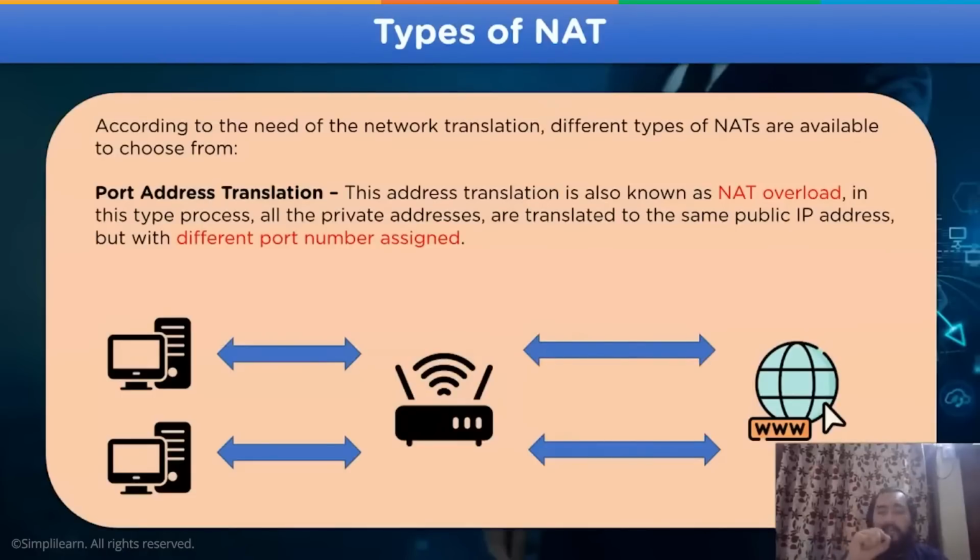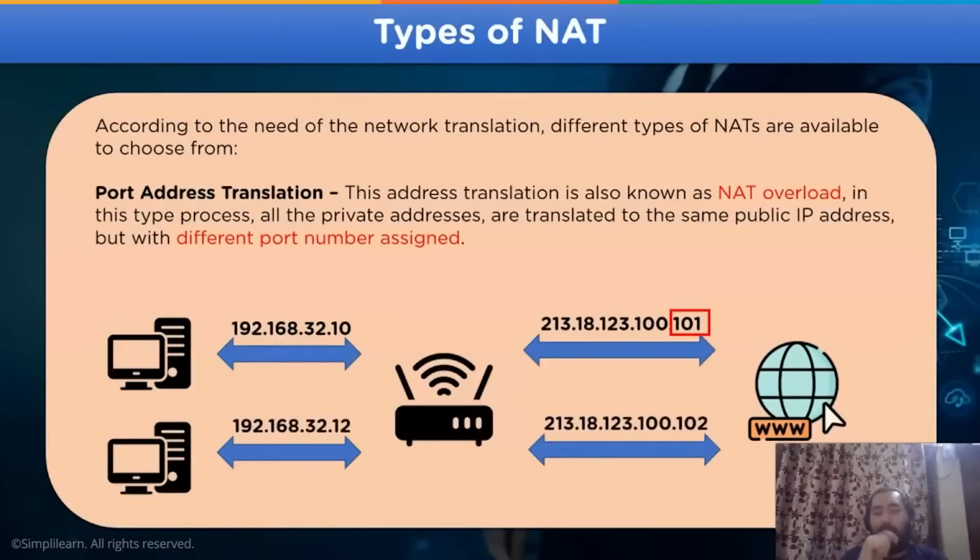But the catch is, all the addresses in the private network will have a different port number assigned to differentiate between them. For example, 192.168.32.10 is translated to 213.18.123.100.101, where 101 represents the port number.